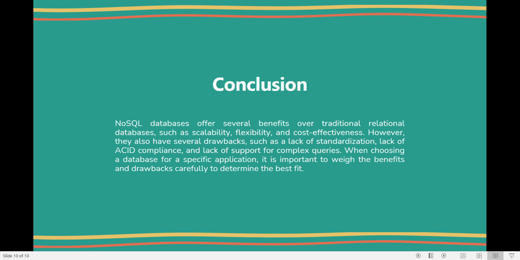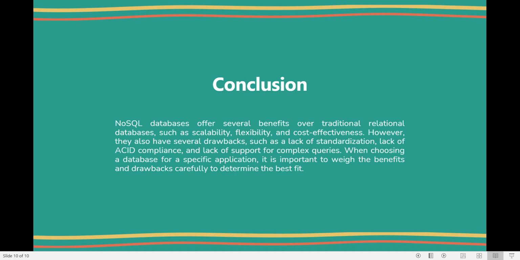We need to see the benefits of using that database and the drawbacks as well, because the pros and the cons we need to consider carefully to make a good application. Best fit means we get the best result out of it.